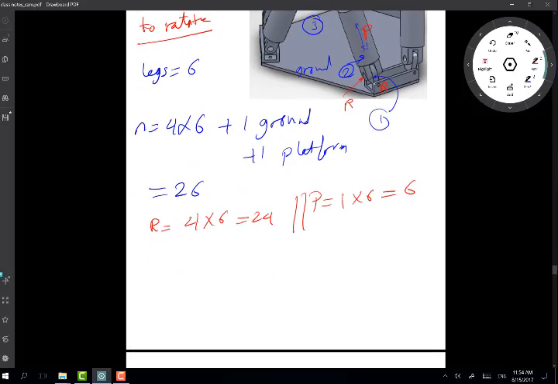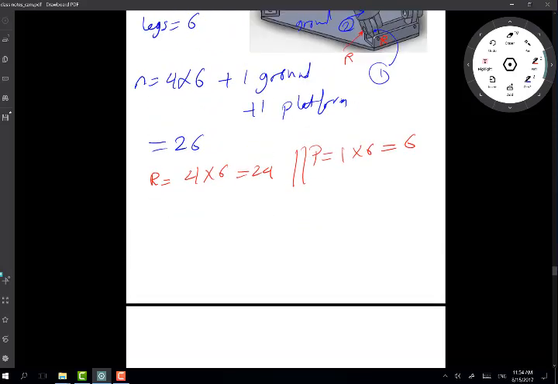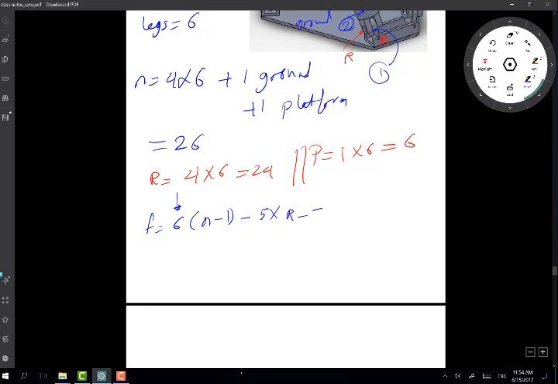I can calculate my degrees of freedom. F is equal to 6 times (n minus 1), because now I use 6 instead of 3, since this is 100% a 3D, spatial application, minus 5 times R, minus 5 times P, minus 4 times C, minus 3G, minus H, and I don't have those at the moment.